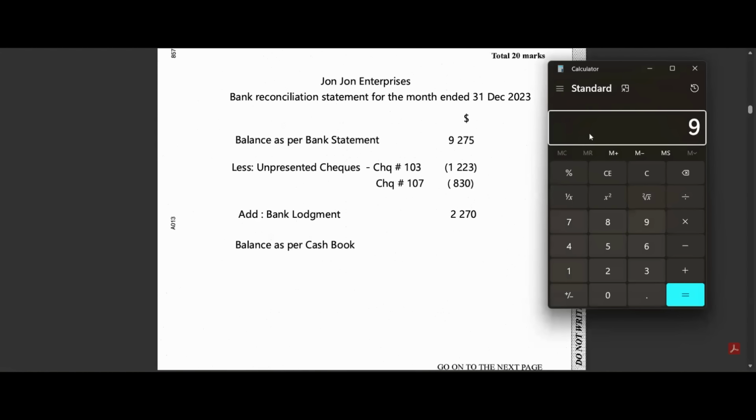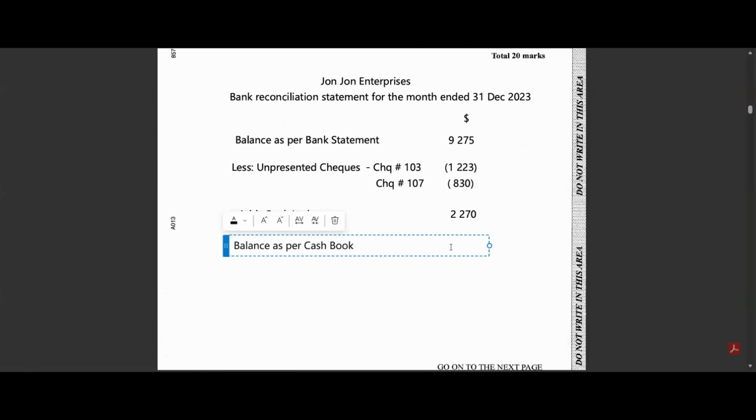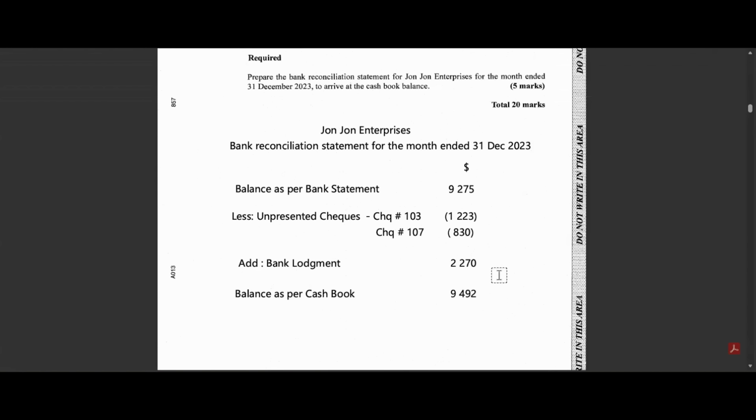Let's punch it into the calculator. 9492 should have been our balance as per cash book. There you go, guys. This was our bank reconciliation statement for John Enterprises.